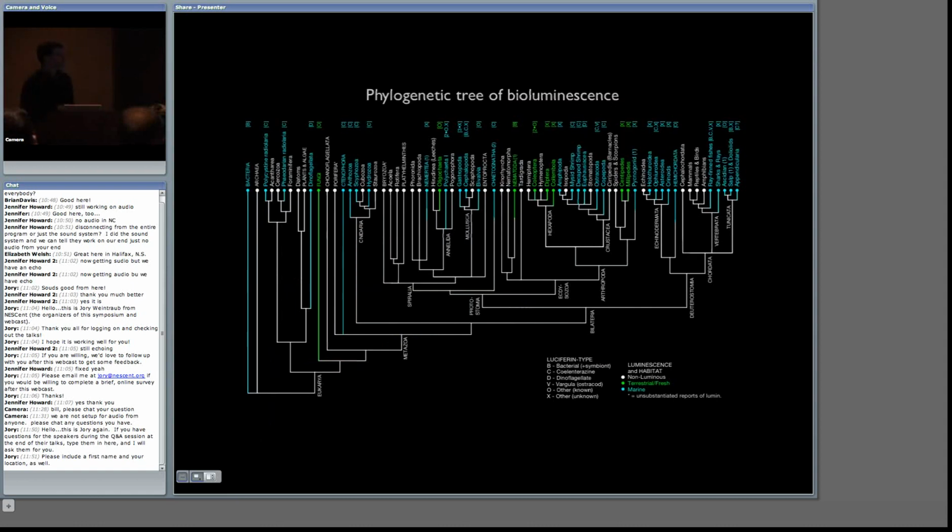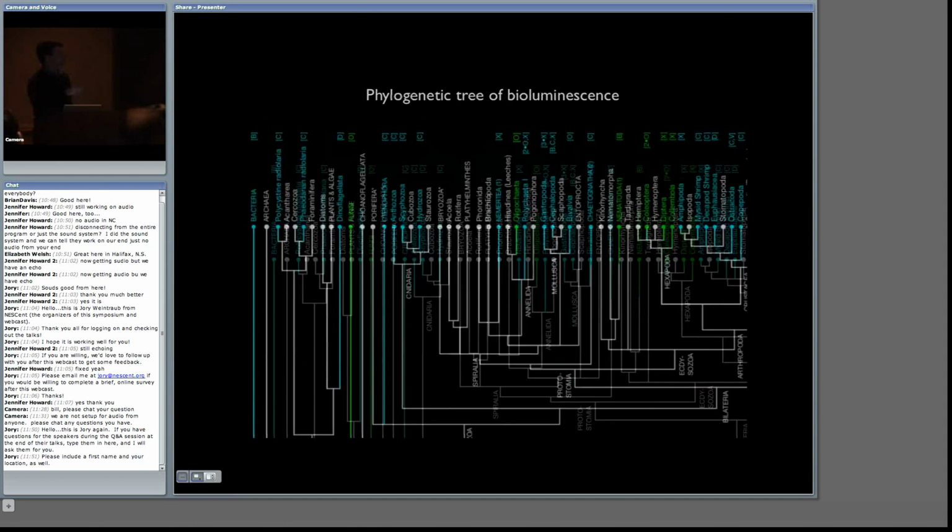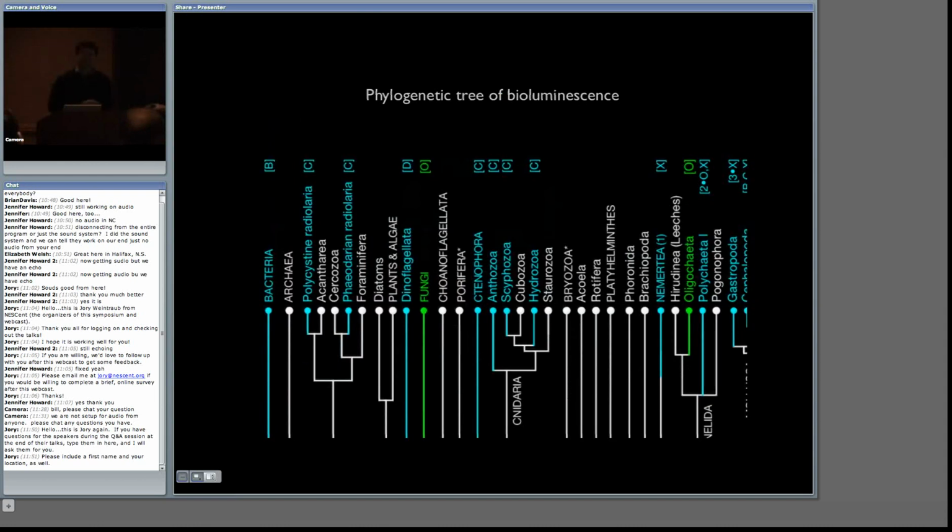So to back up and look at the whole animal tree of life picture, and don't worry about reading this, but look at the blue on here are different groups where bioluminescence has evolved in the ocean. And this is from bacteria up to vertebrates, and you can just see it popped up all over the place in that tree.